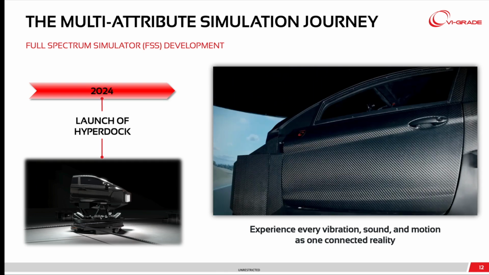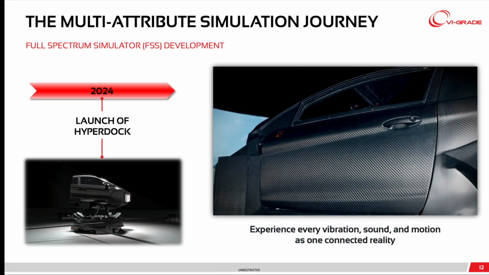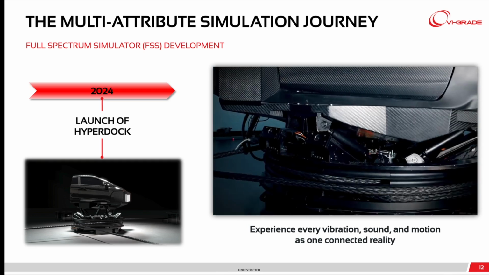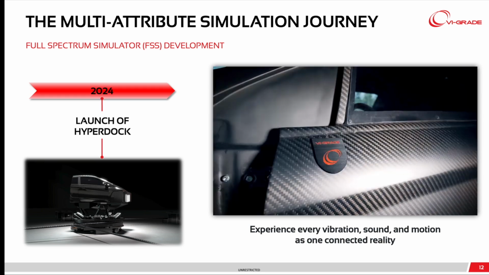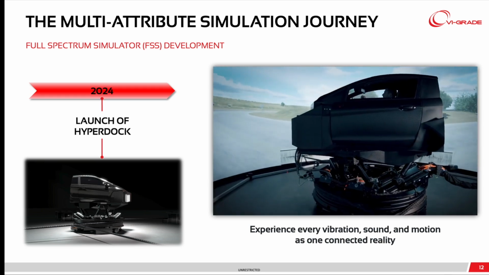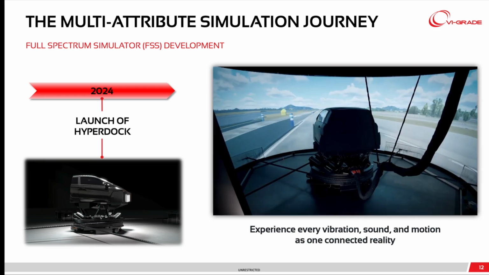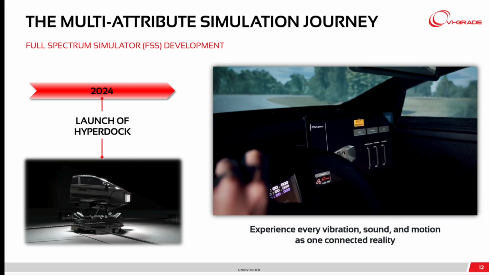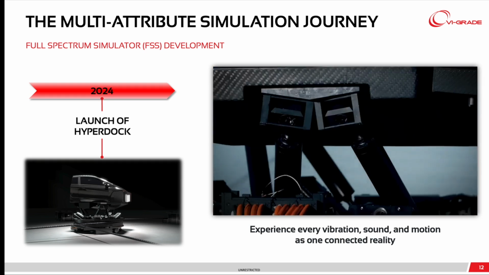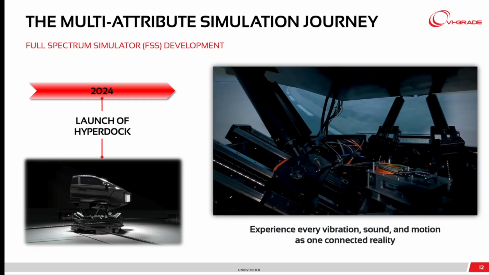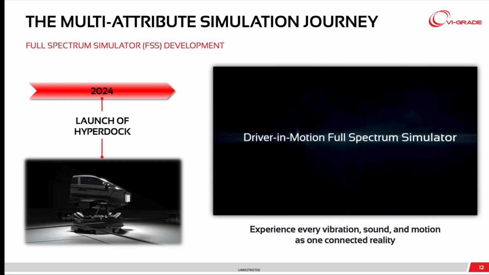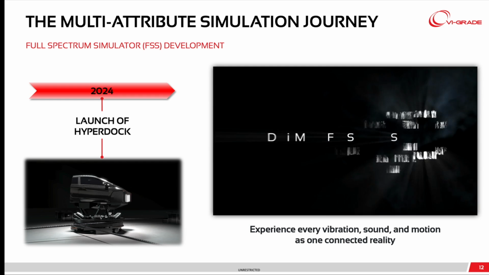At the same time, the HyperDock is also equipped with all the active systems that are usually used on the standard dynamic simulators, like active seat, active belts, active brake. So that allows the customer to drive both in handling and hard handling and evaluate those kind of simulations and NVH.